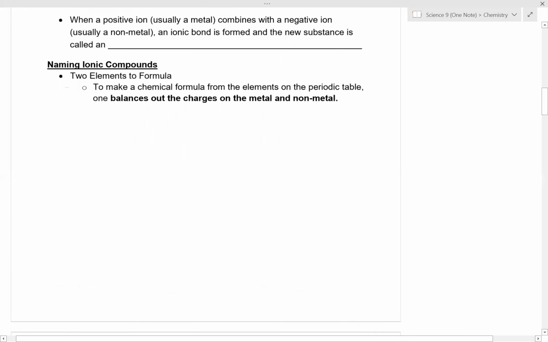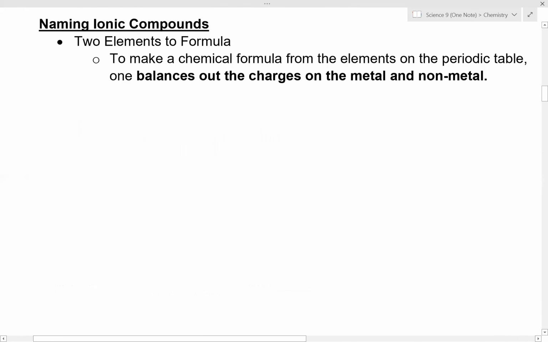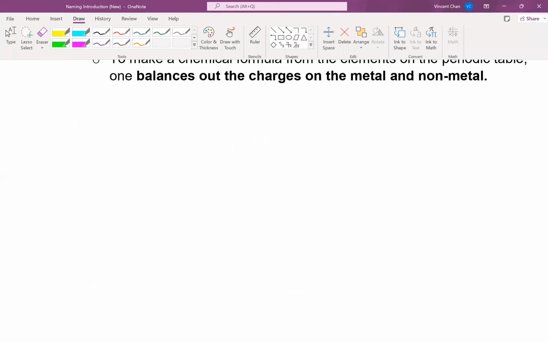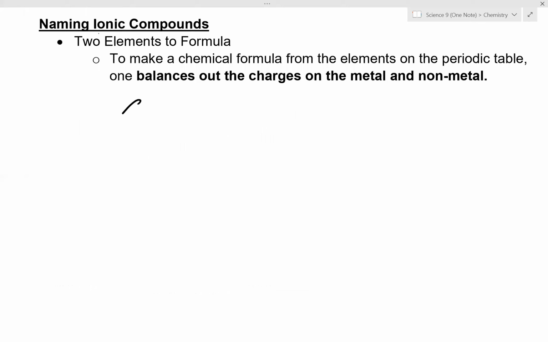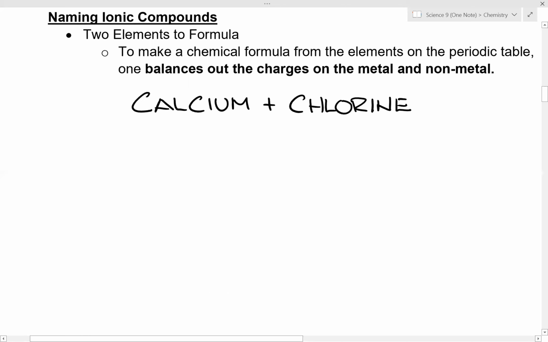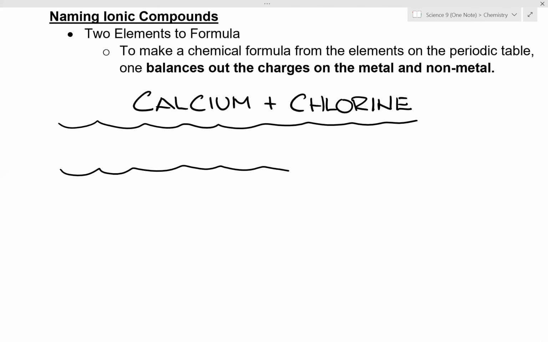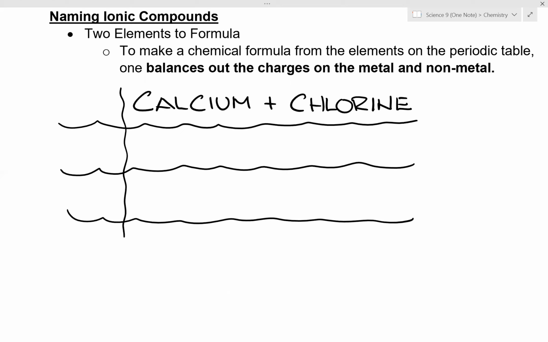Now, for naming ionic compounds, to make a chemical formula from the elements on the periodic table, one balances out the charges on the metal and the non-metal. So let me give you an example here. Let's say we had calcium and chlorine. Now, how I do it is I set it up like here.